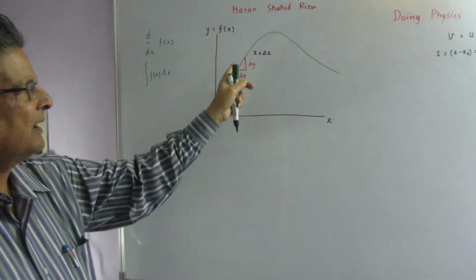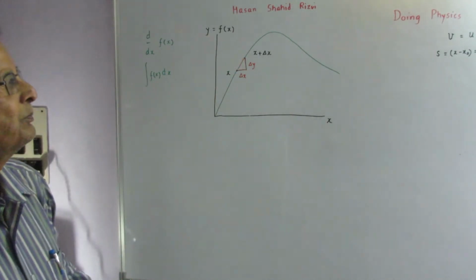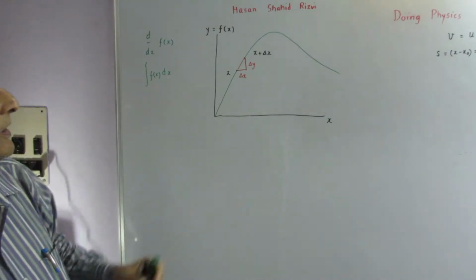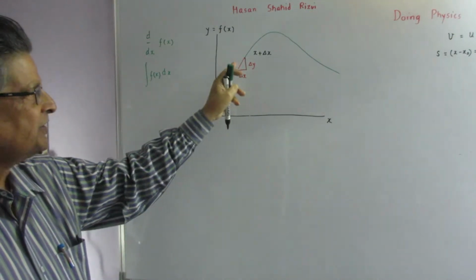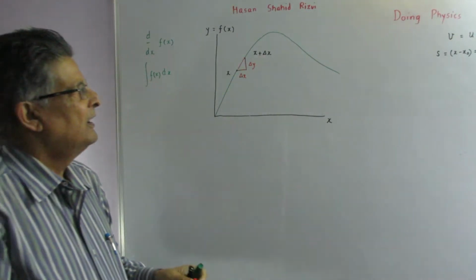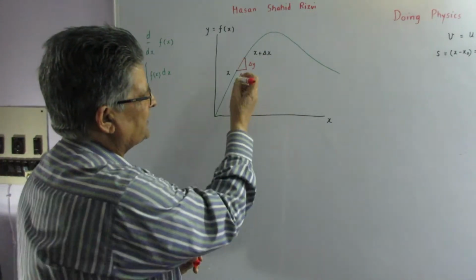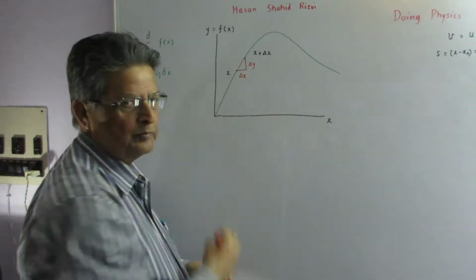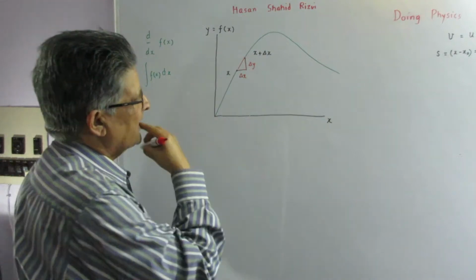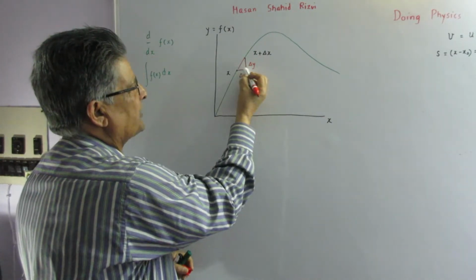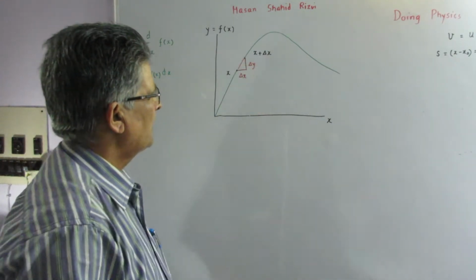It appears to be a straight line over here, but even if you can see a curvature, I can reduce the value of delta x to such an extent that this definitely becomes a right angle triangle.